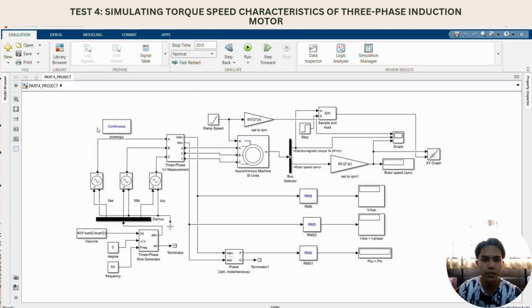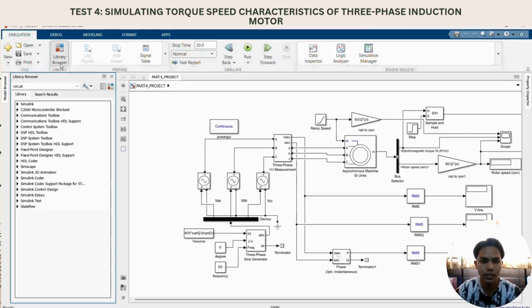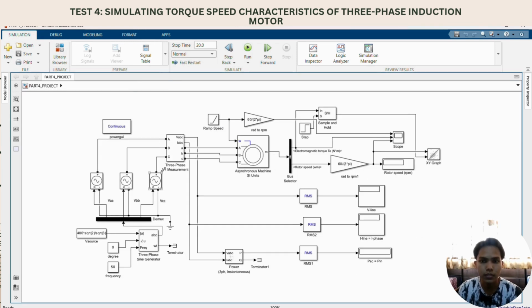Hi, so this is our test 4 project, which is simulating top speed characteristic of 3-phase induction motor. So we can see the circuit that I create using the reference suitable, and we also can find the component from the library browser and search the component that we need to use, like the circuit that I create. So this circuit is also the same as test 3, but we only add on the ramp speed, scope, and the XY graph component.